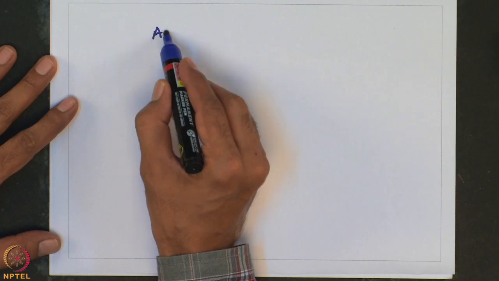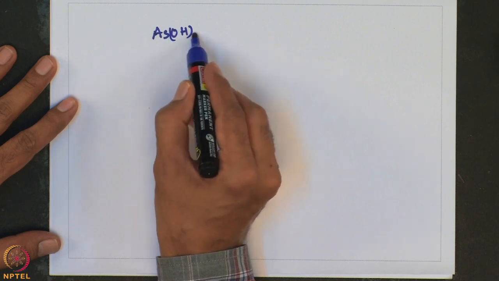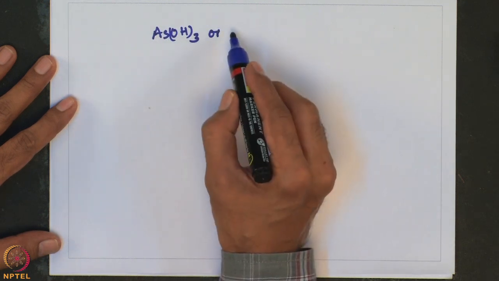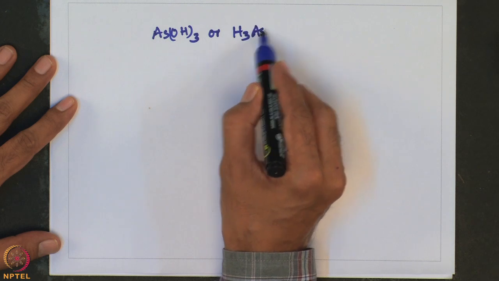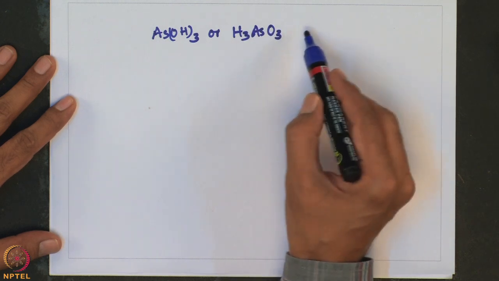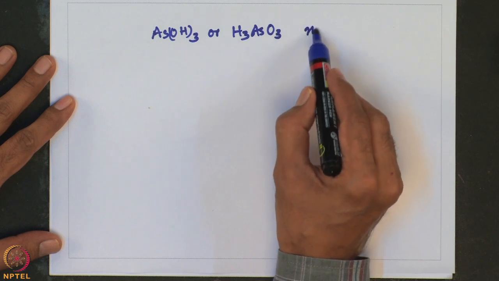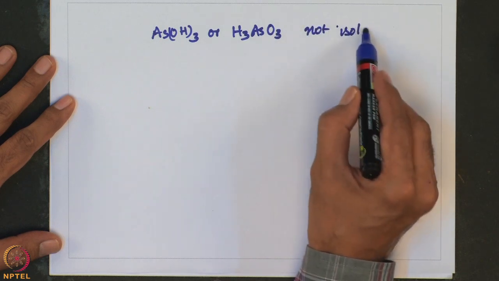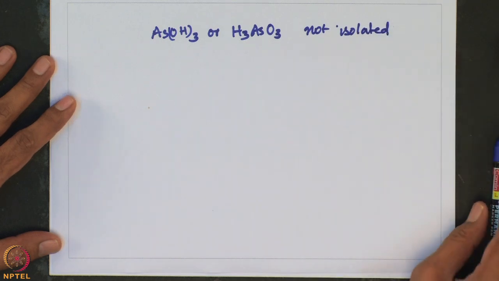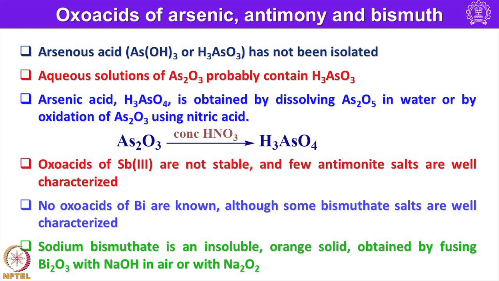So, an aqueous solution of As2O3 probably contains H3AsO3, and arsenic acid, similar to phosphoric acid, H3AsO4, is obtained by dissolving As2O5 in water or by oxidation of As2O3 using concentrated nitric acid.